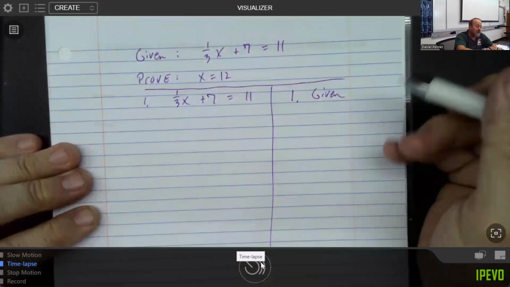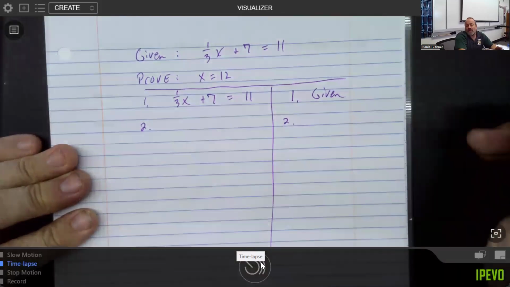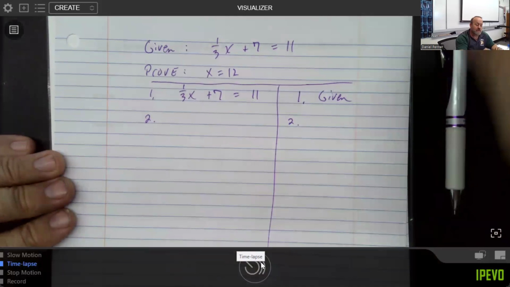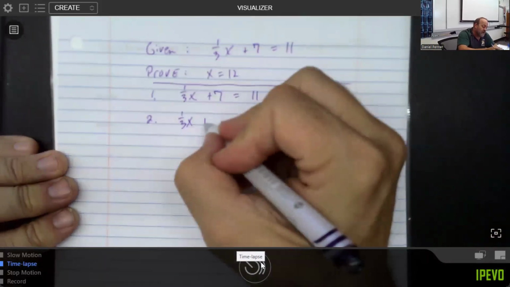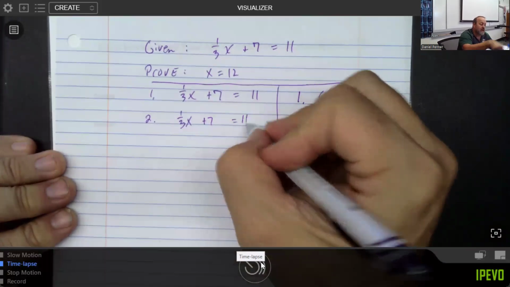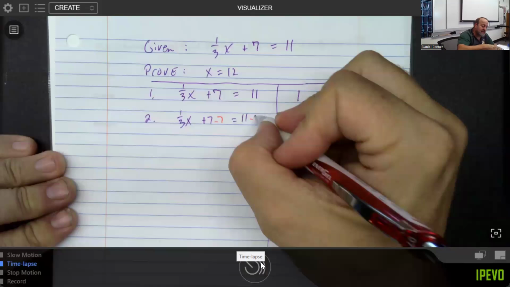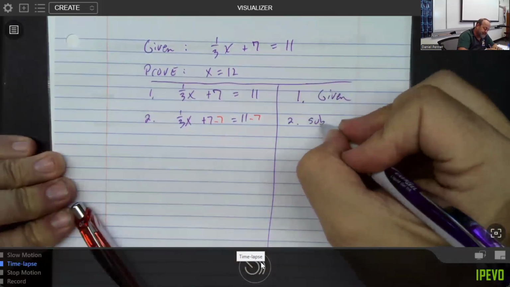Now, step 2 is we're going to do a variety of different things. Now, what I would probably want to do is take 7 away from both sides. So if we had this statement and we took 7 away from the left side and the right side, we could do that by the subtraction property.